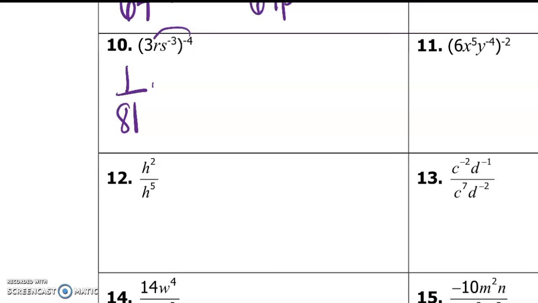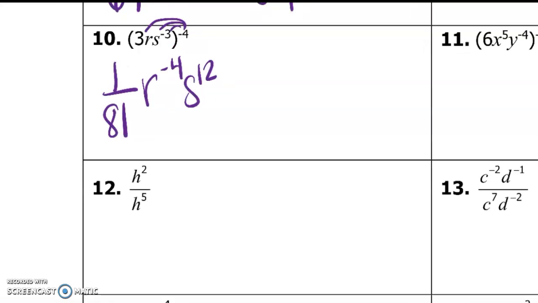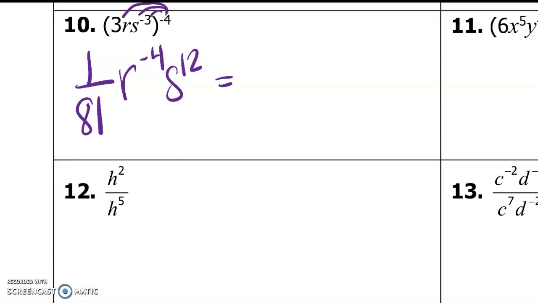And then we would have r to the negative 4 and s to the positive 12. So then draw your big fraction bar. Your 81 is already down there, so it stays. Your r is a negative exponent, so that moves to the bottom to become r to the positive 4. And your s to the 12 has to stay on the top.